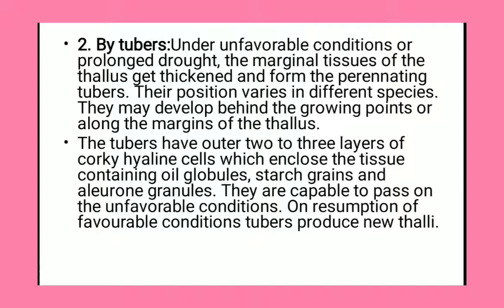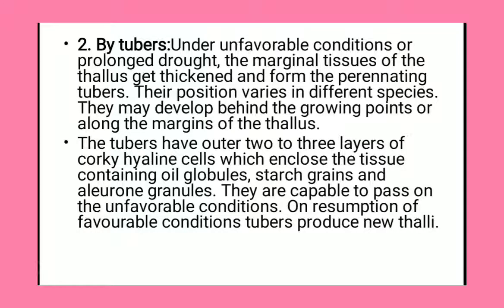Next, by tubers. Under unfavorable conditions, such as prolonged drought, the marginal tissue of the thallus gets thickened and forms perennating tubers. Their position varies in different species, and they may develop behind the growing points along the margin of the thallus.